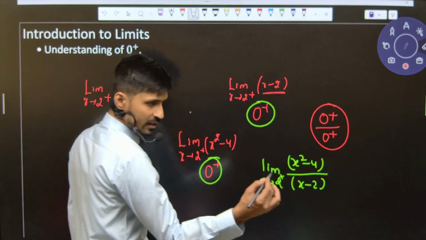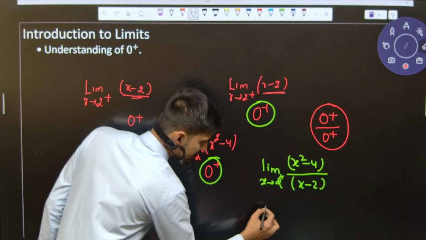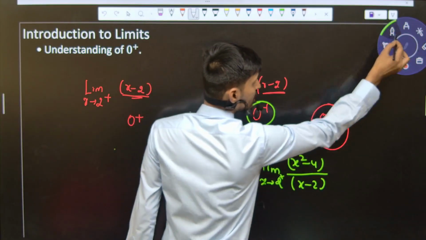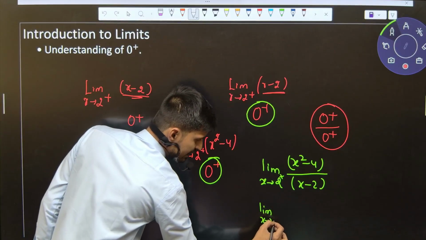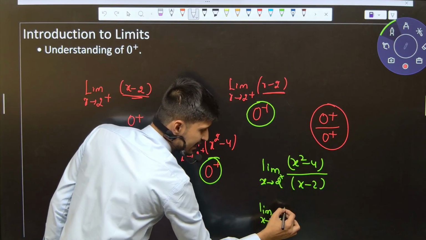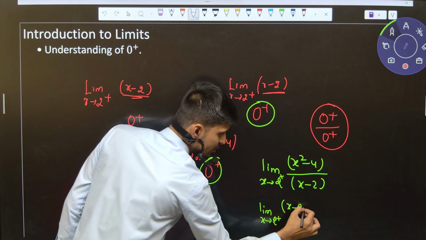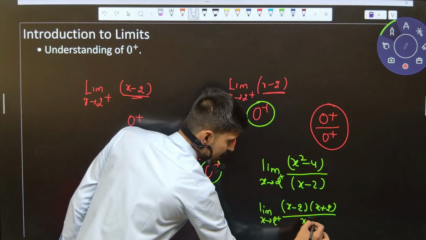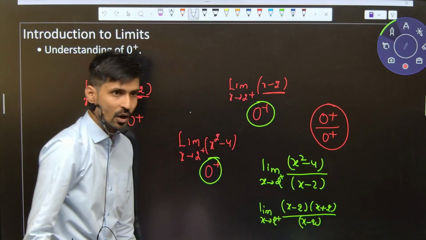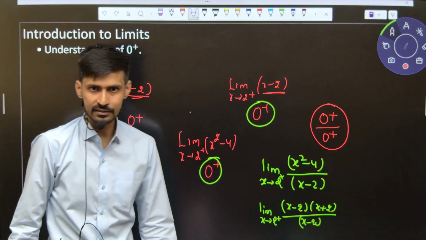Now let's see how I am going to do it. So limit x tends to 2 plus. Can I write x square minus 4 as x minus 2 into x plus 2, upon x minus 2?